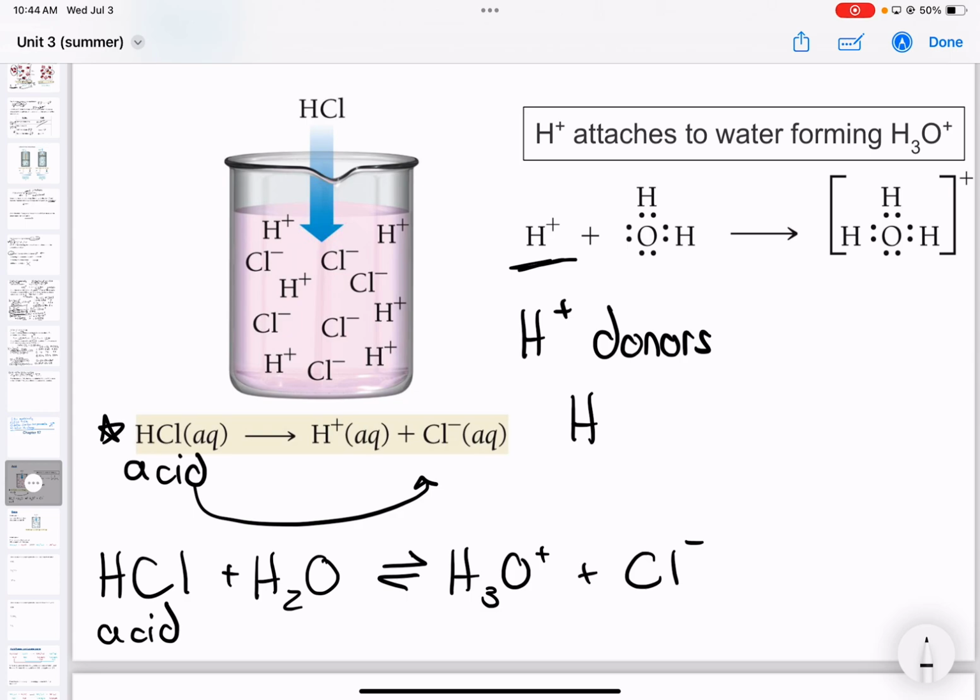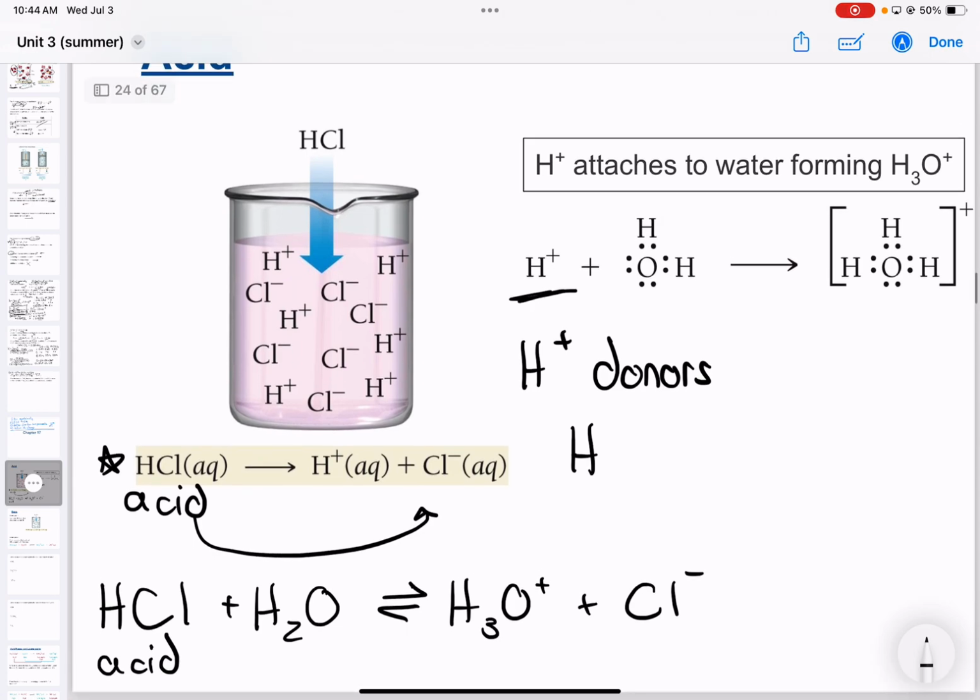So it's neutral on the reactant side, it's negative on the product side, because it hasn't just lost the hydrogen, it kept the hydrogen's electron with it. So when something acts as an acid, the thing it turns into on the product side is 1 less hydrogen and 1 less charge unit.